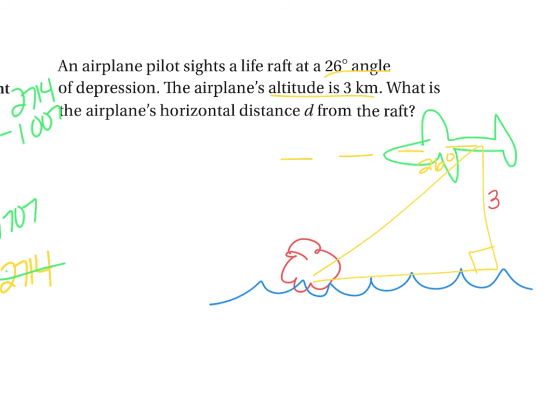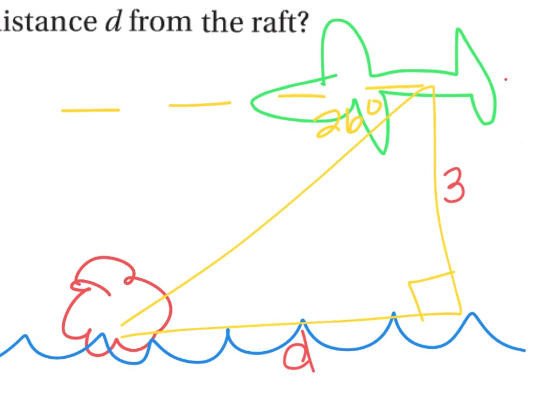And then it says what is the airplane's horizontal distance d from the raft, so that would be the bottom. First step, whenever you have an angle of depression, you have to find that inside angle. So we're going to do 90 minus 26 to give us that inside angle, and that will be 64. Okay, so now we're done with that number, so I can cross it off so I don't get confused.